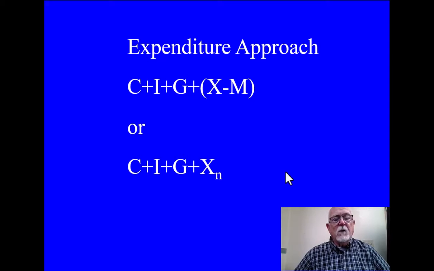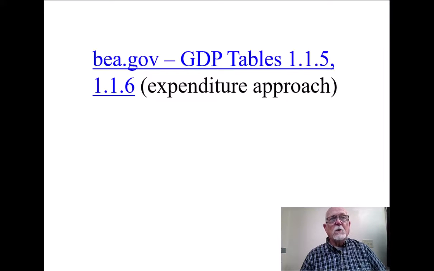You'll see that written in various ways. We could also write that as XN for net exports. So this is looking at who purchases the GDP. And the BEA site is just bea.gov. And the tables I like to really look at are table 1.1.5 and 1.1.6, just for your information.